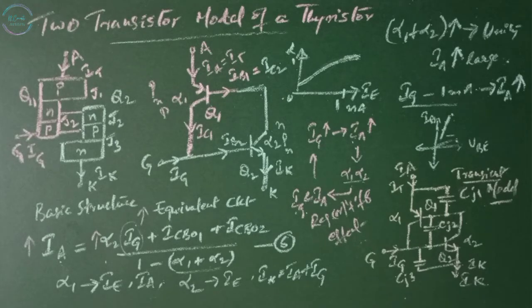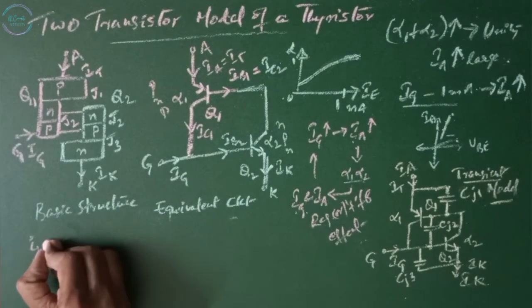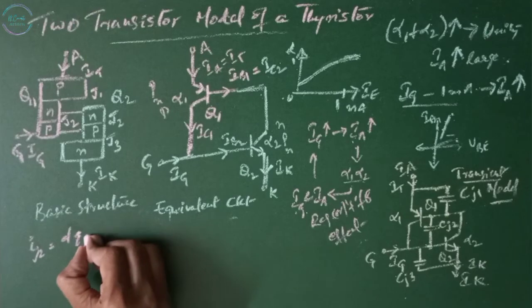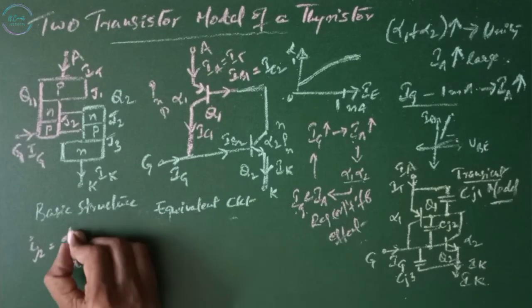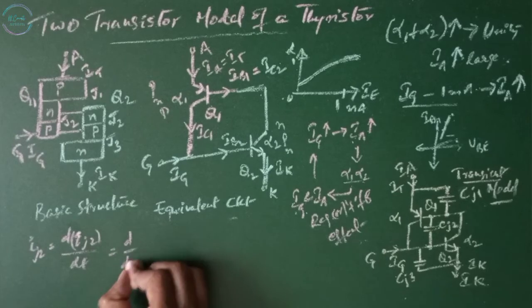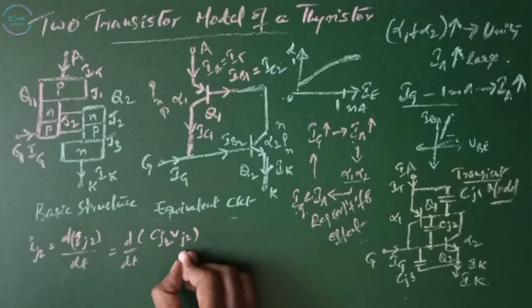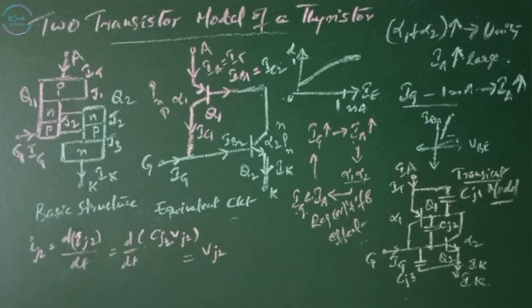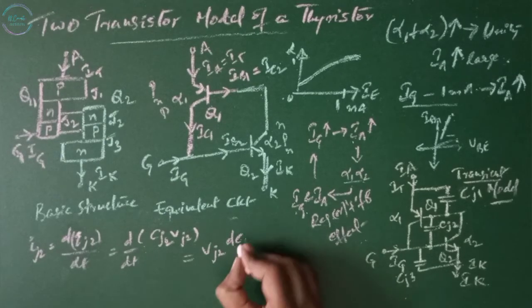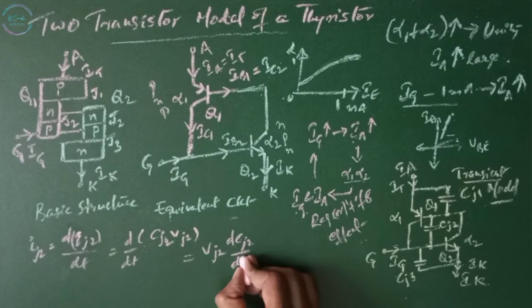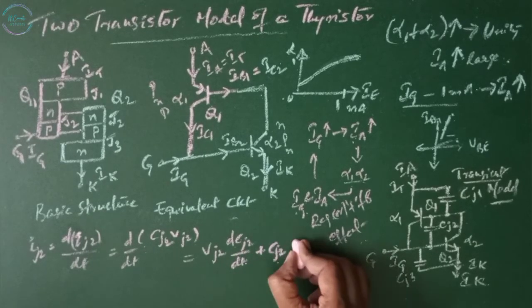The current through the capacitor CJ2 can be expressed as IJ2 equals dQJ2 divided by dt, that equals d by dt of CJ2 VJ2, which we can write, using the product rule, as VJ2 dCJ2 by dt plus CJ2 dVJ2 by dt.